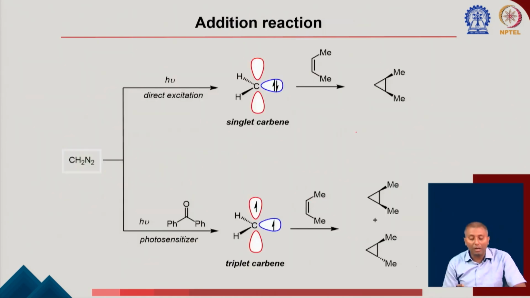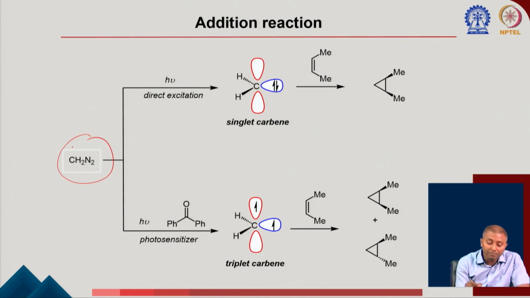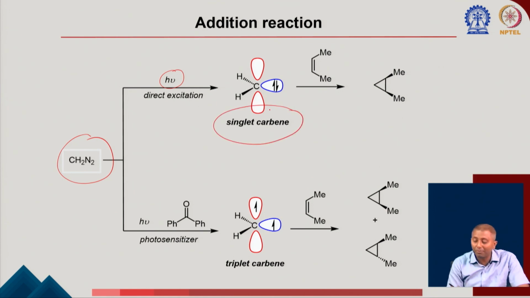Okay. So now I am going to talk about the generation of carbene from diazomethane. I think I already talked about that. Under light, it first forms a singlet carbene, and it forms the corresponding product in a stereospecific manner when reacting with the olefin.